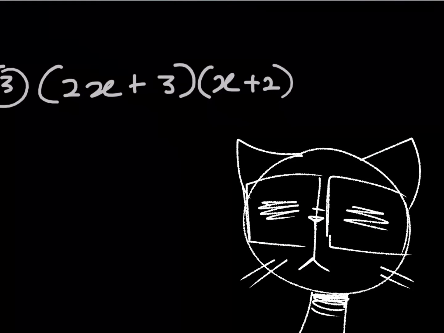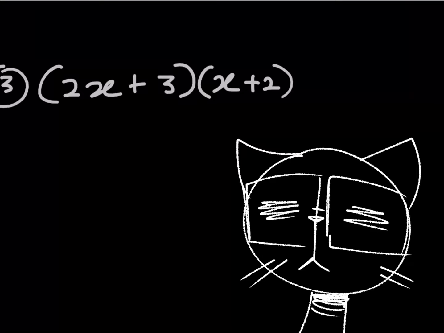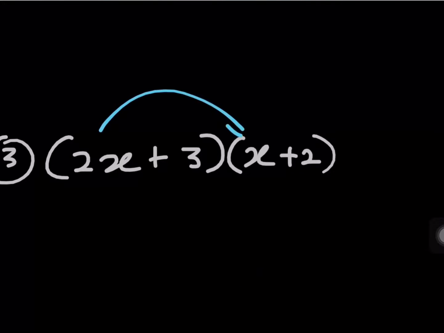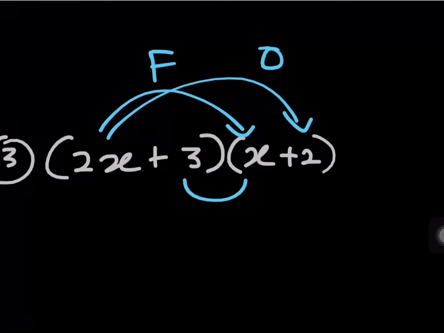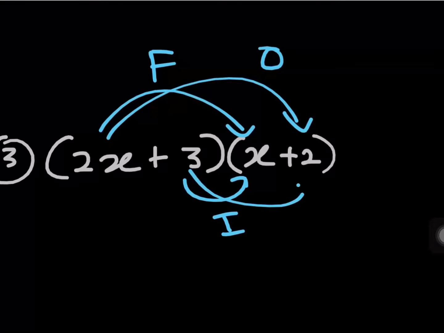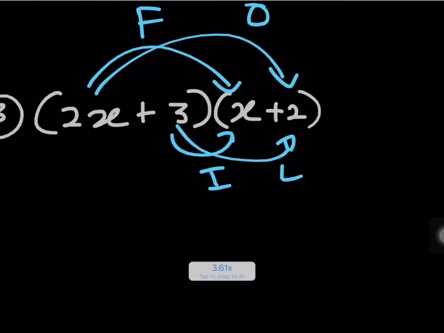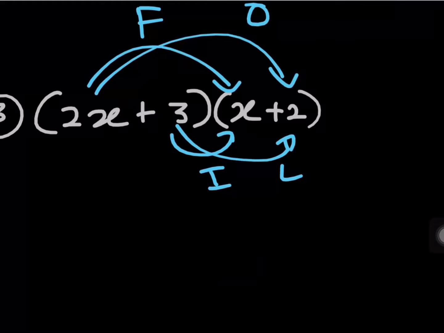Now this is the last question. Try to figure it out yourself, and if you try, feel free to pause the video, and if you feel stuck, you can just continue watching. So now let's solve this. We'll do the FOIL method once again. So first, outside, inside, and last. So 2x times x will make 2x squared.